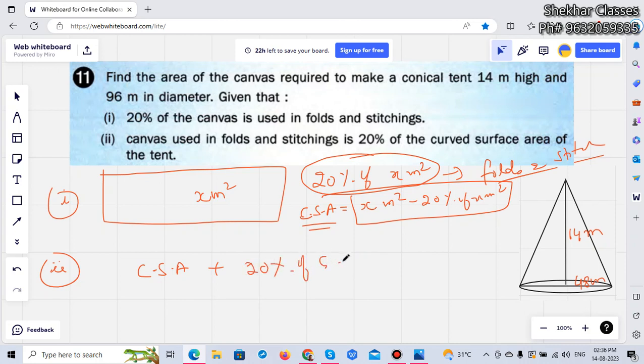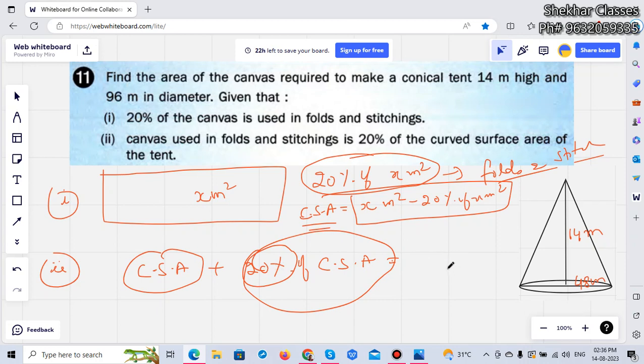So how much does he have to buy? He has to buy this much, which will make the tent, plus 20% of this much, which will go in the stitching and folding part. Totally, whatever comes is what he has to buy, and that is the area of the canvas needed.